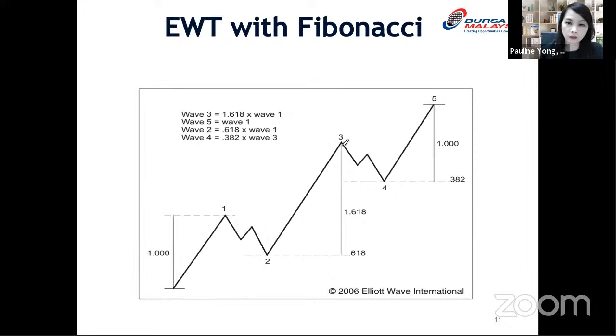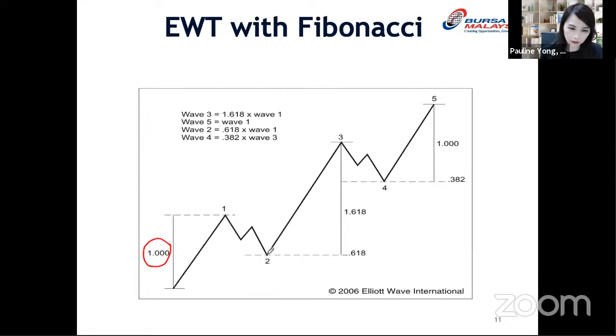And then the possible height from the end of this wave 2 to this top part here, the swing low and the swing high, is at least 1.618. Meaning you use this figure, whatever it is. In this case, I make it very simple, 1 ringgit height. So this is 1 ringgit, and then this will be 1 ringgit and 62 cents. You add that on to this part here.